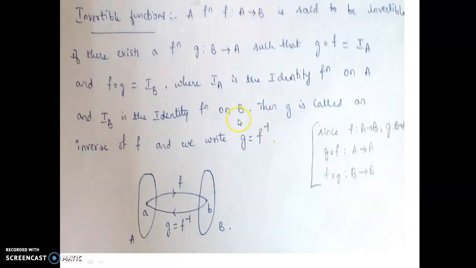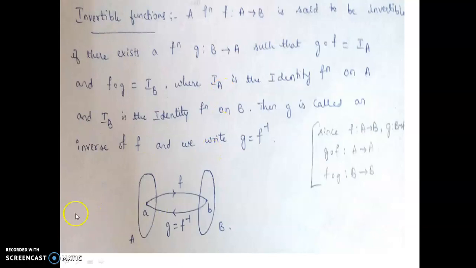So this is an invertible function: g of f is the identity function, and f of g is the identity function. I_A means identity function of A, I_B identity function of B.